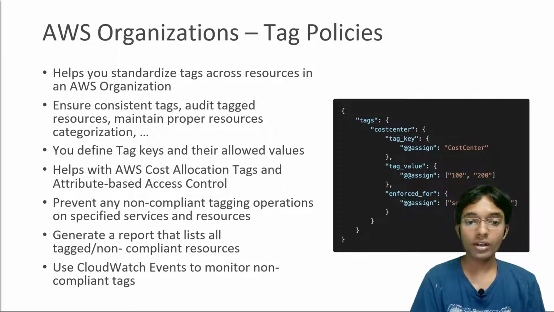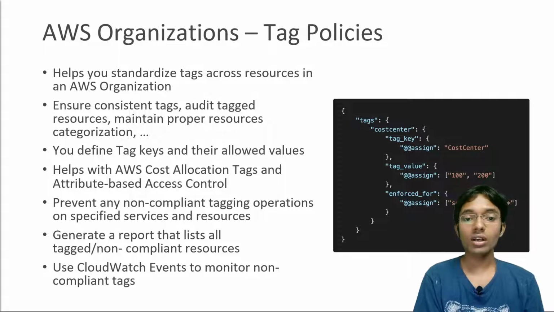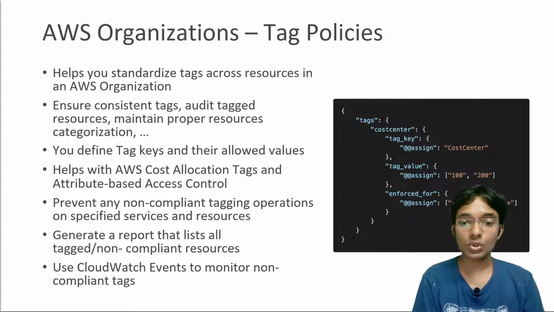We have tag policies. Tag policies are defined at the organization level and they help you standardize tags across all resources in an organization. This is used to ensure consistent tags, audit tagged resources, maintain proper resource categorization, and so on.